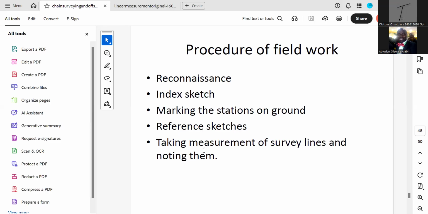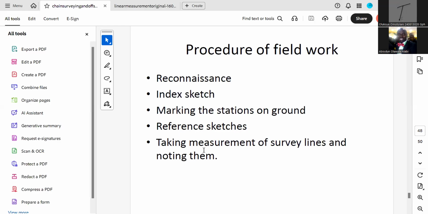If you intend to use chain survey before, and you now visit the site doing your reconnaissance survey and discover that this place is not relatively flat, and it does not meet other conditions where we can deploy chain survey, from that information you won't be able to use chain survey.